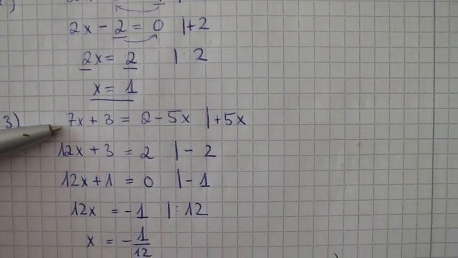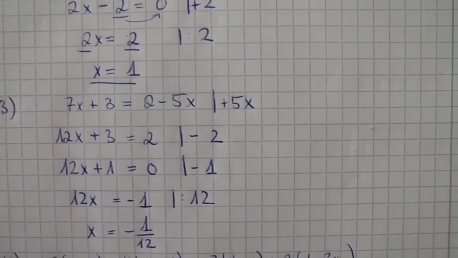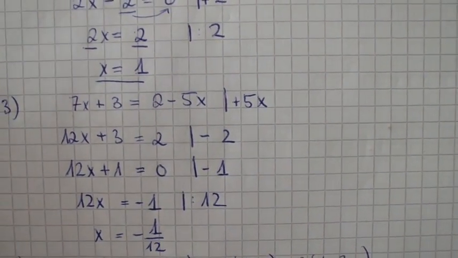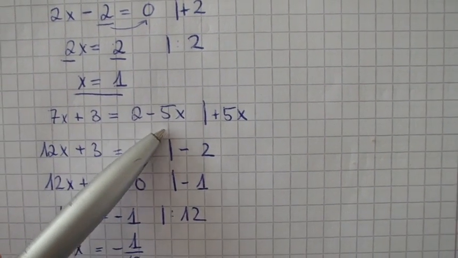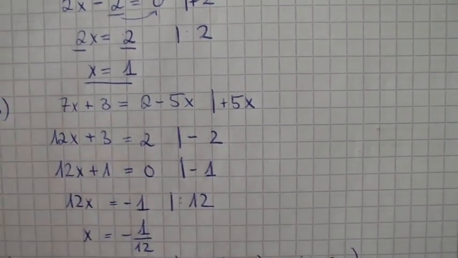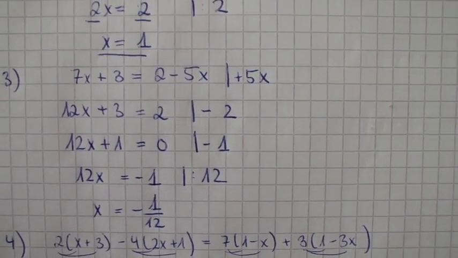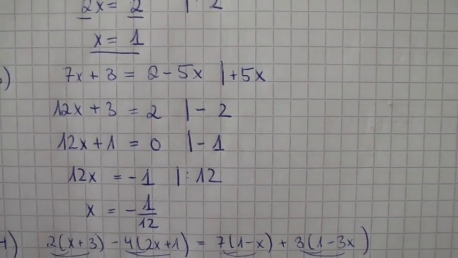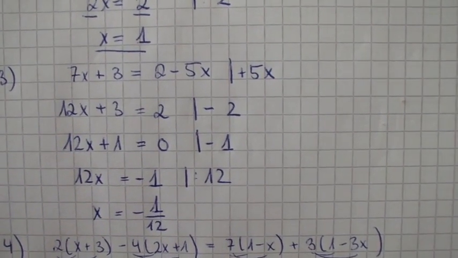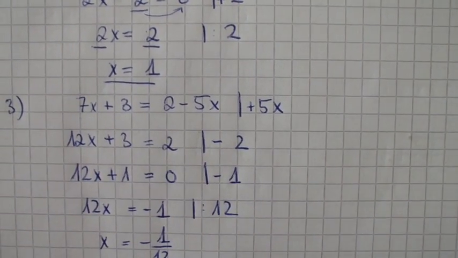Now let's look at this kind of example. This is slightly harder, but still very, very easy. What you have here is 7x plus 3 equals 2 minus 5x. Again, we remember the first step in solving linear equations, or more generally any kind of equation, is to bring everything to the left-hand side, so we only have a 0 on the right-hand side, okay?